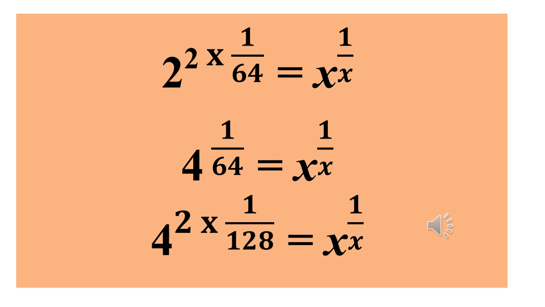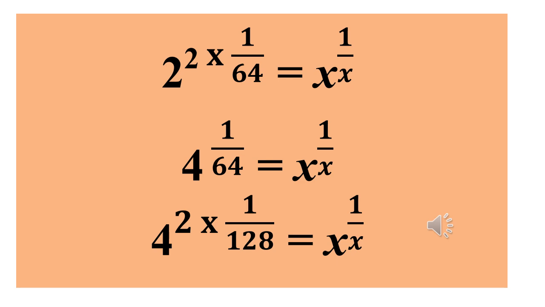So 2 raised to power 2 now will give us 4. That means we don't have that exponent 2 there again. We only have 1 over 64 left as the exponent on 4 now. So we now have 4 raised to power 1 over 64 equals x raised to power 1 over x.